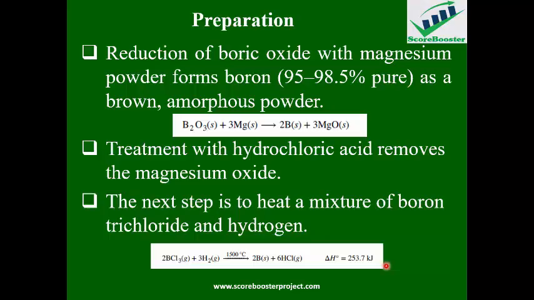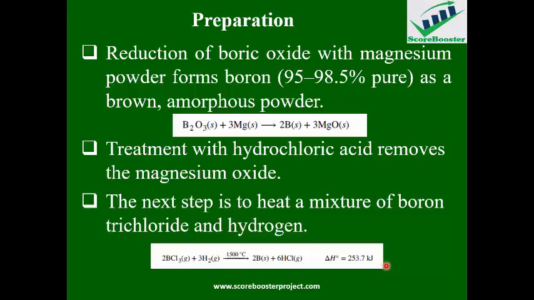Magnesium is a very strong reducing agent, so we can react magnesium with boric oxide. Magnesium is stronger than boron, so it displaces boron and takes away the oxygen on heating. There is going to be a mixture of magnesium oxide and boron, so the boron is not pure yet.